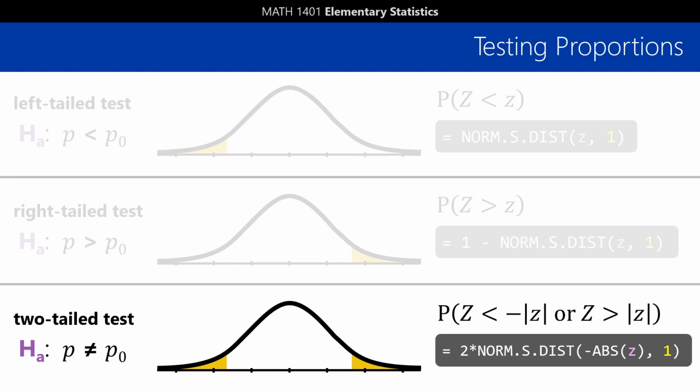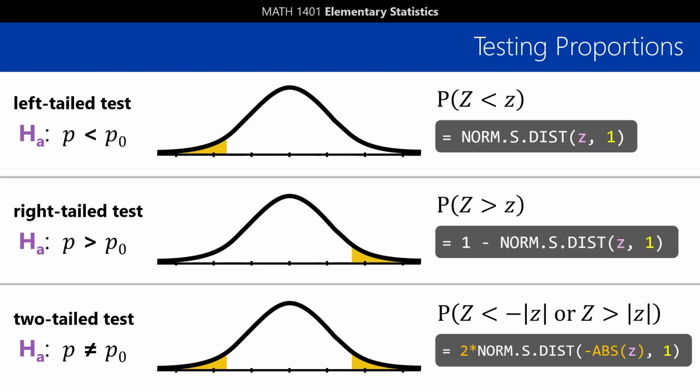You could calculate that by adding together the above two probabilities, but since we're doing everything in terms of z-scores, you can take advantage of the symmetry, using the negative absolute value to get the area for just the left half, and then multiplying by 2 to also give you the right half. It all depends on your alternative hypotheses. That's what tells you what kind of test to use and which formula will get you the result you'd need to make a conclusion.